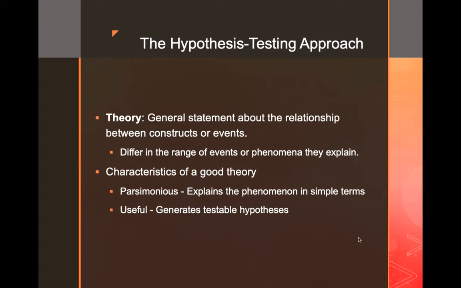You're trying to understand the idea of friendliness and explain the phenomenon of friendliness, and extroversion is a parsimonious characteristic of your theory for understanding friendliness. And the usefulness is that you could test this. You could see how many extroverts are actually friendly versus not.